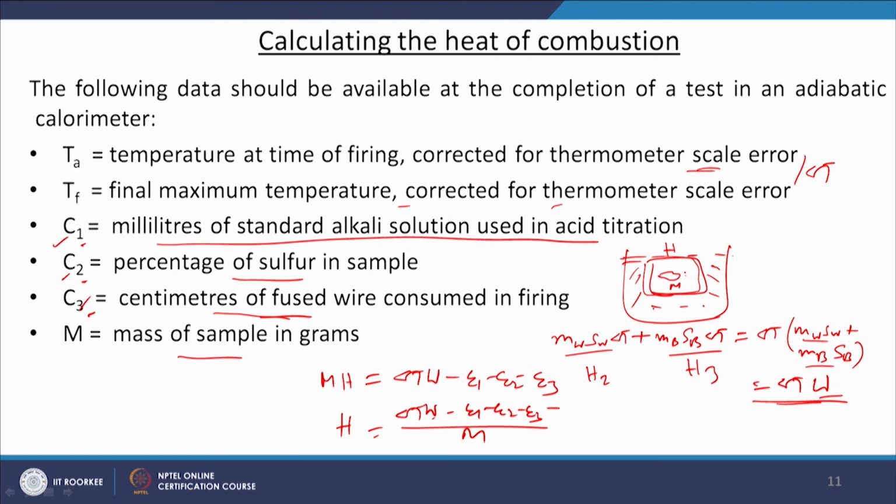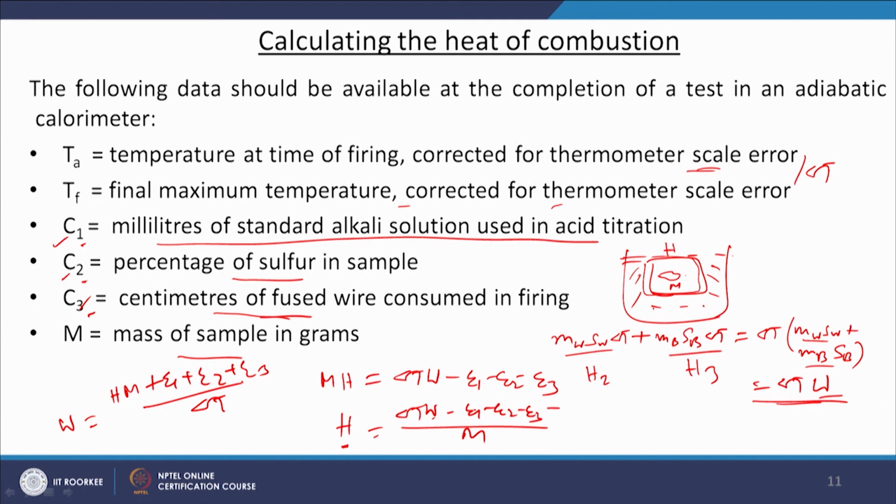We use a known material and combust it, and in that case we know how much del H, how much heating value, is there. We put this in the formula, calculate E1, E2, E3, and M we know. So, we will get the value of del T into W. So, we can get the value of W as Hm plus E1 plus E2 plus E3, divided by del T.